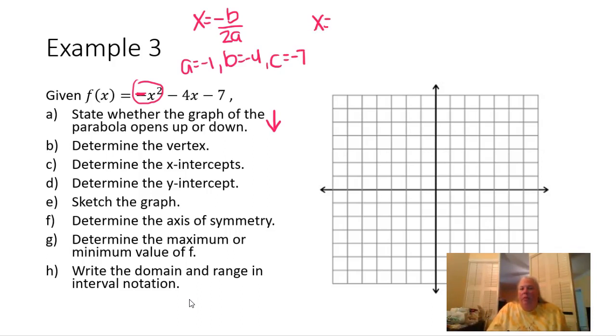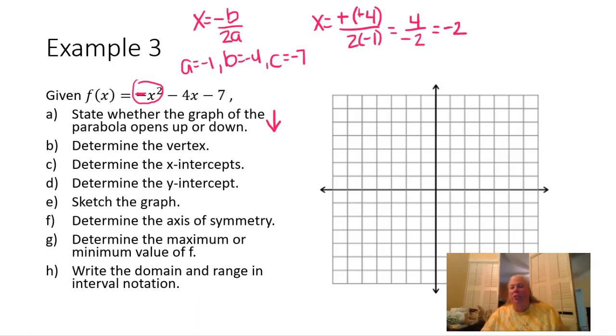So the x-coordinate for the vertex is the opposite of -4 divided by 2 times -1. Two negatives make a positive, that's going to give us 4. 2 times -1 is -2, and 4 divided by -2 is -2. So the x-coordinate for the vertex is -2.